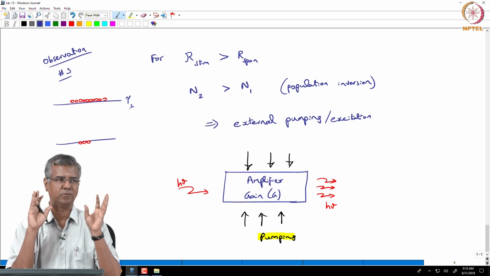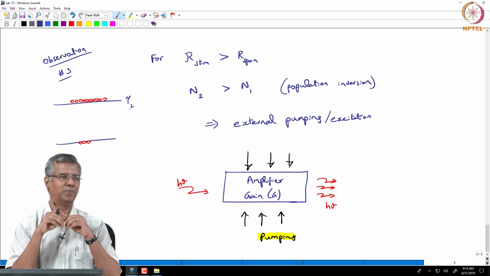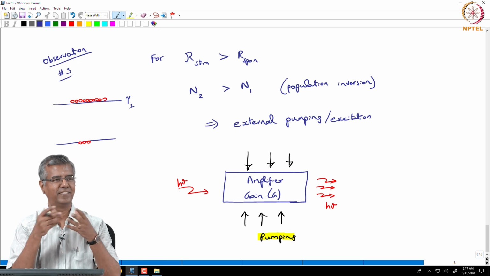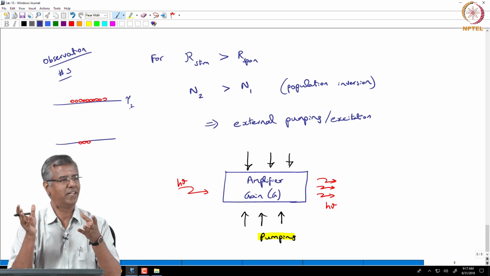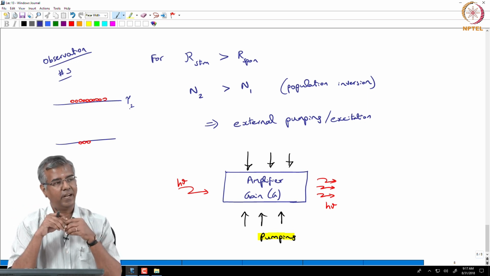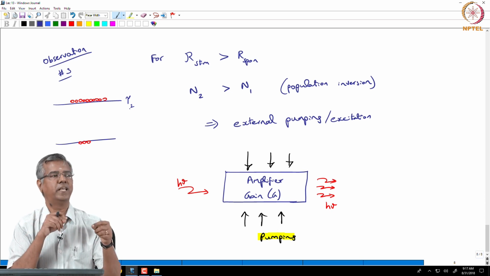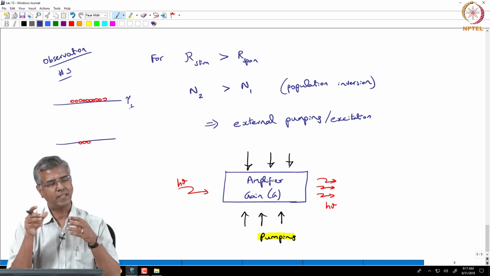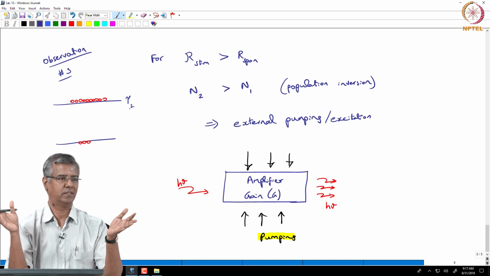this atom is like tired of sitting there waiting for a photon to come by, nothing is coming by, so I am just going to go down, right. So, it just jumps and then it spontaneously emits a photon, and that photon is not in phase with the photon that is coming in, right. So, that is having some arbitrary phase.